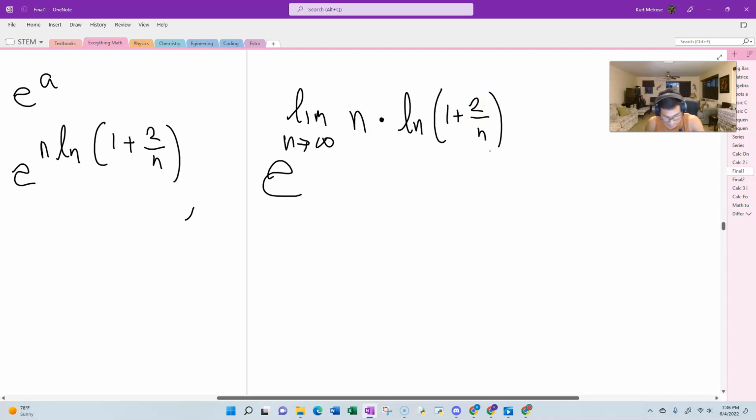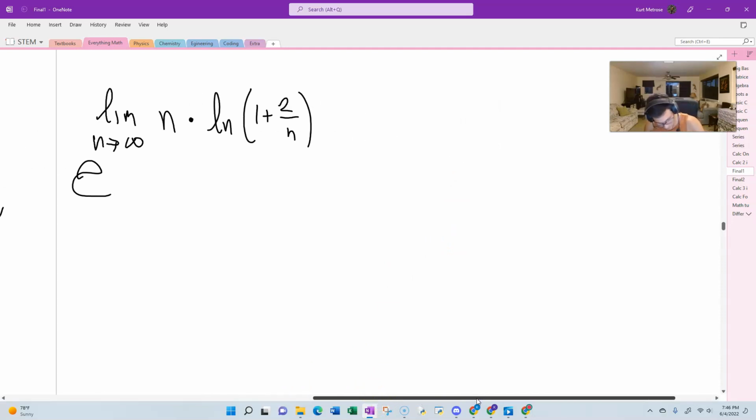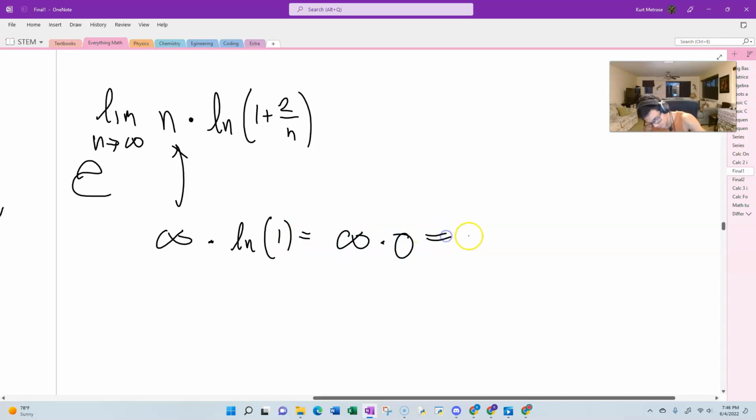And if we do this, nothing too useful happens, right? So you need to actually go a few more steps farther. You'd actually see that this would be infinity times ln of 1, which is infinity times 0, which is indeterminate, right? Indeterminate.